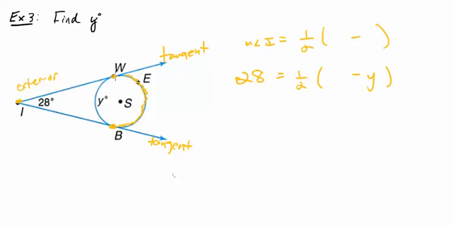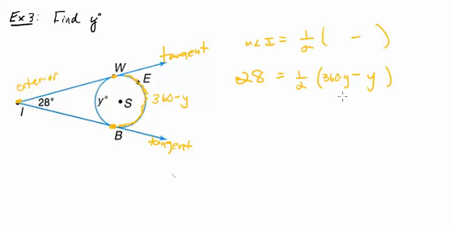So if one of those arcs is y, this other arc must be 360 minus y. Okay, so just a little example, if y was equal to 1 degree, then the other part of the circle must be equal to 359 degrees. Okay, 360 minus 1. So that's how that's going to work. So then we're doing 360 minus y.